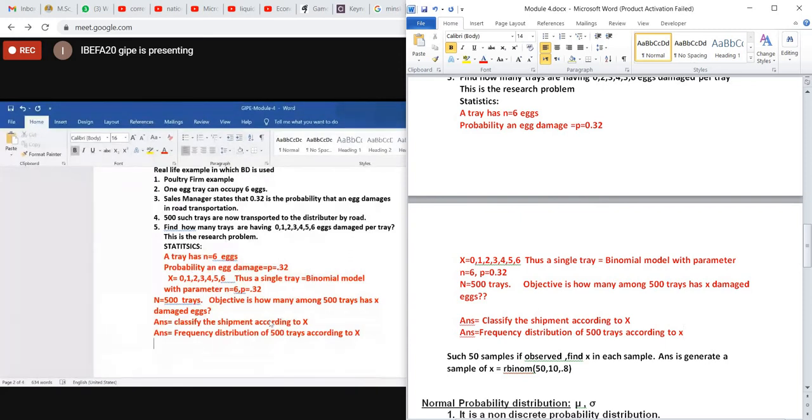Research is the main objective in statistical analysis. Wherever the decision is uncertain, you are analyzing a sample.